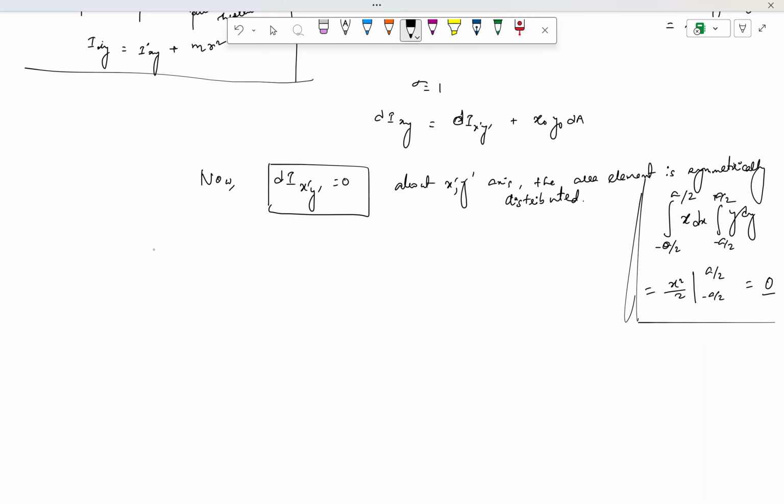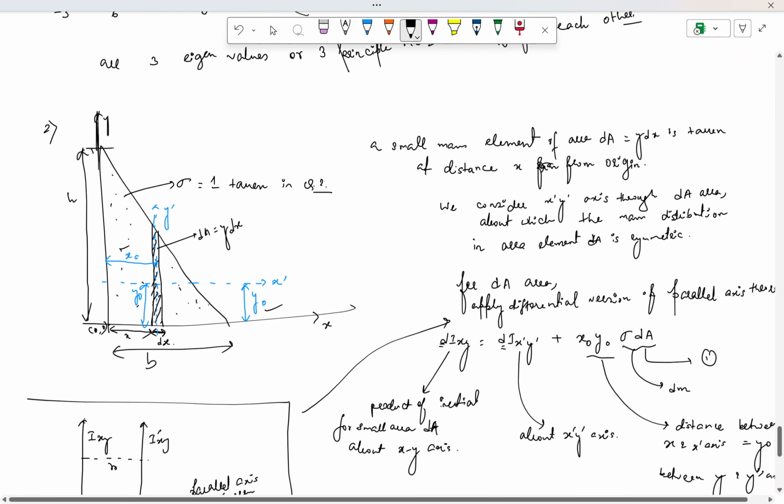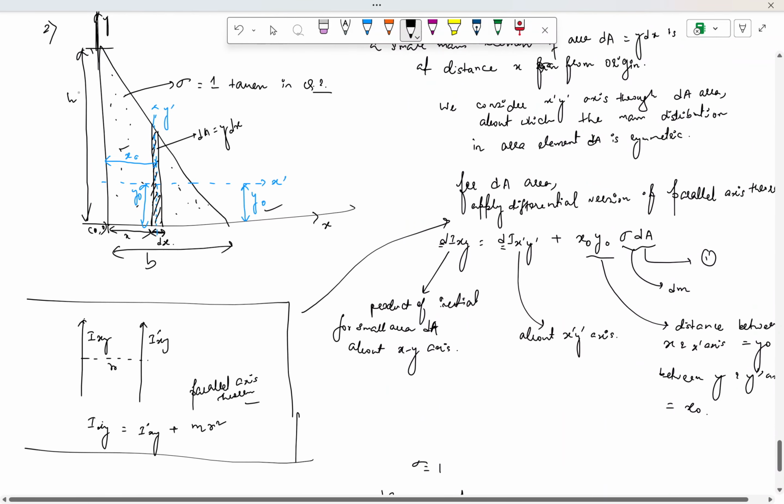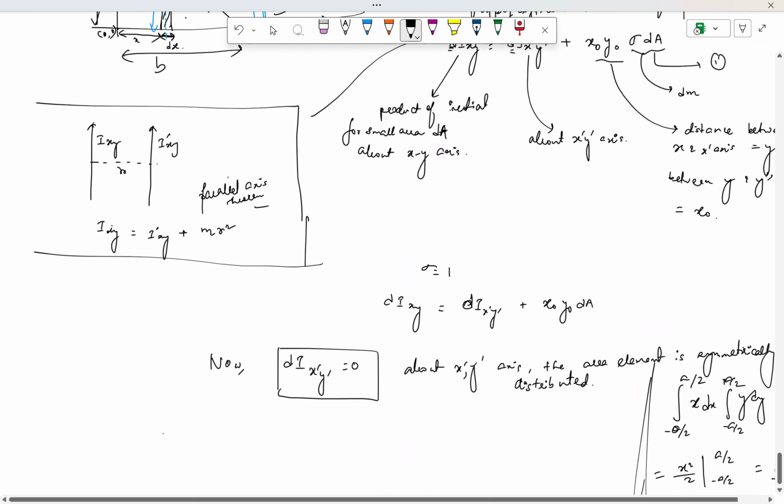Now if you want to find out what is the equation for this triangular hypotenuse, that is this axis, this line, so we call it y. So what is the equation for y?